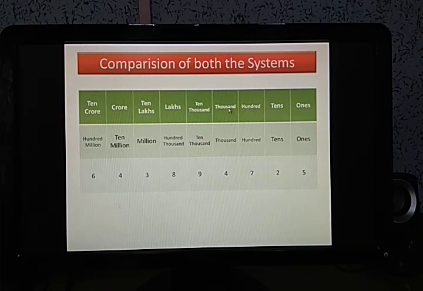Ones, tens, hundreds, thousand: in both systems it is the same. 10,000 is also the same. Lakhs changes to 100,000. 10 lakhs changes to million. Crore changes to 10 million. And 10 crore changes to 100 million. This lower one is the international number system, and the upper one is the Indian number system.